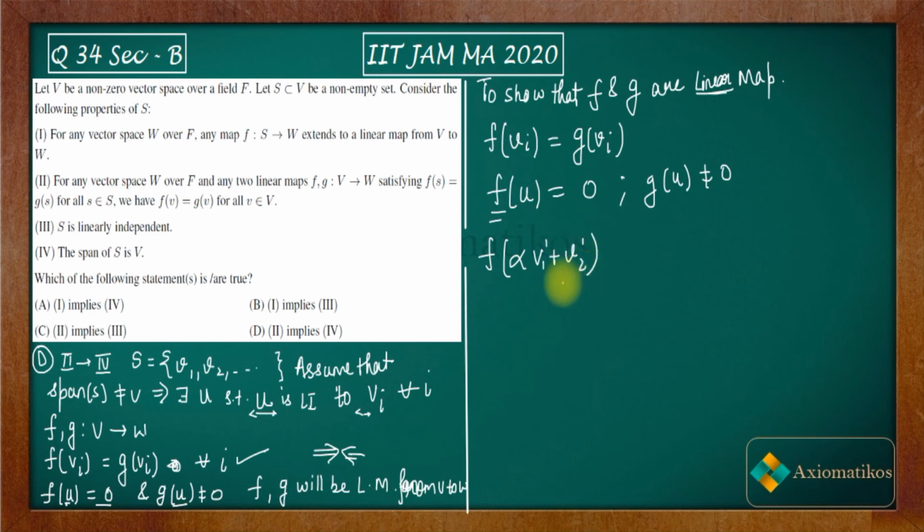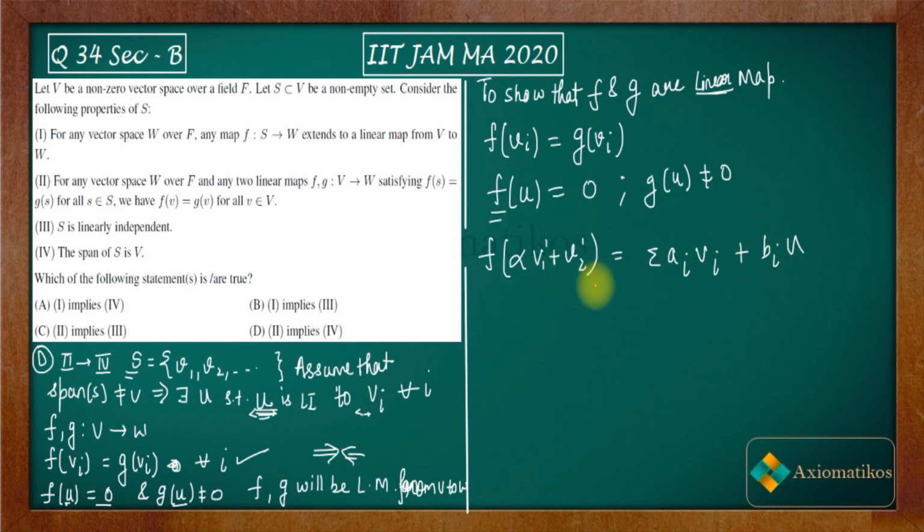Since they are elements of this vector space, you can always write them as a linear combination of the elements of S and this U element that we have chosen. So we will get summation ai Vi plus bi times U.